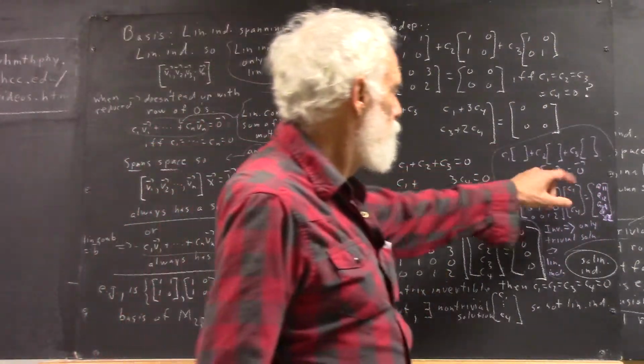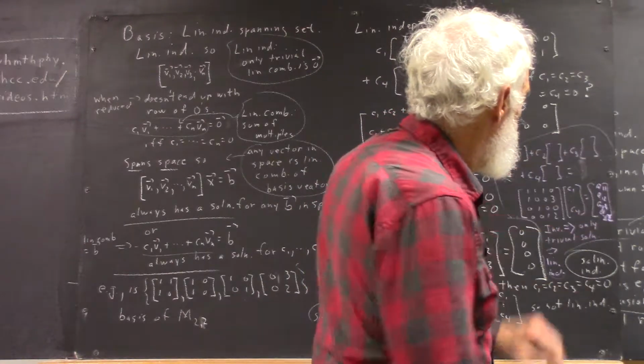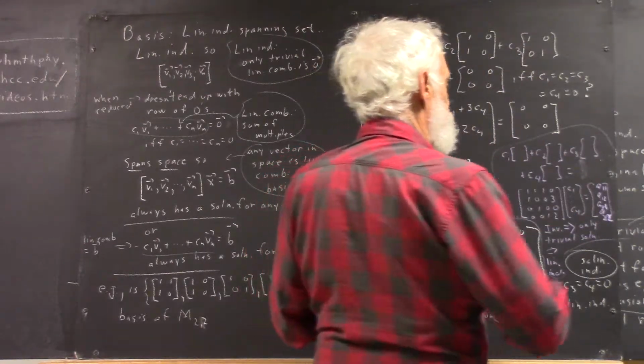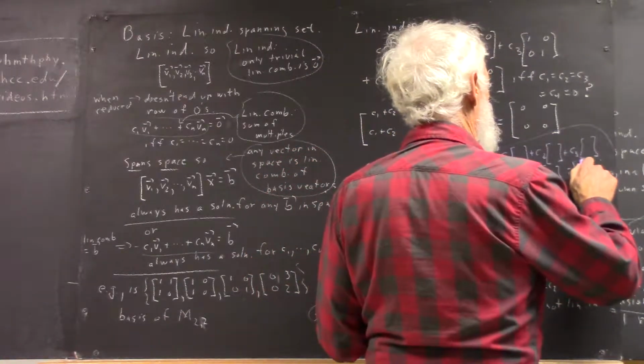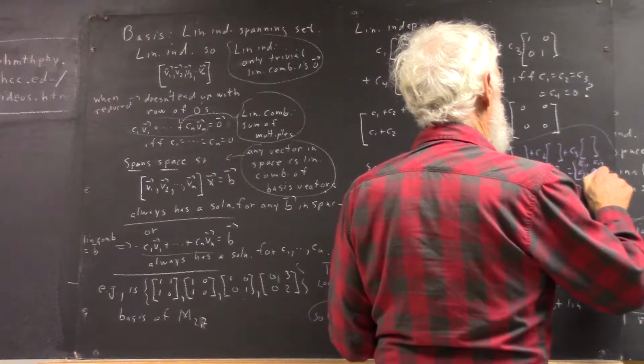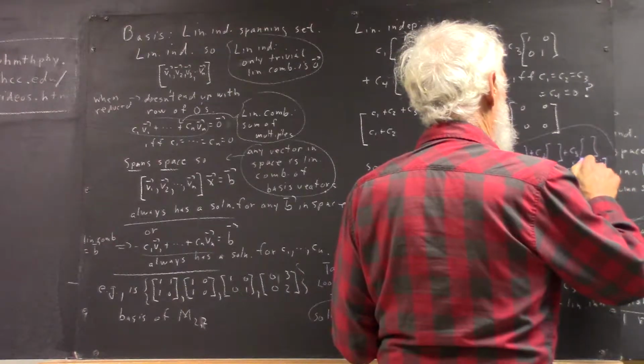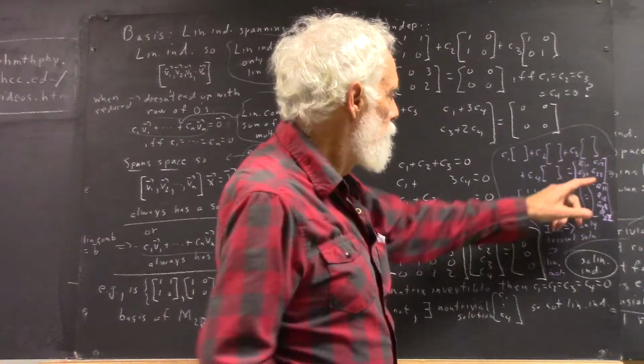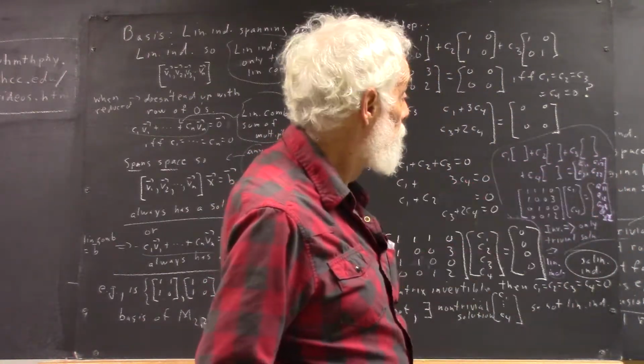You set this linear combination equal to the matrix A11, A12, A21, A22. You probably can't read that, but you know what I'm writing. This is just an arbitrary 2 by 2 matrix.